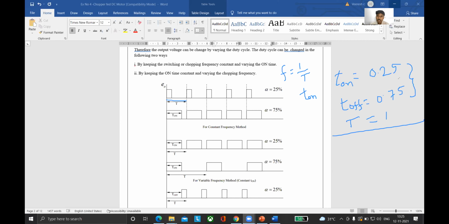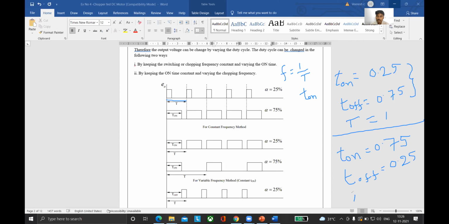Okay, so now I'm going to vary the on time. T1 is equal to 0.75, and T off is equal to 0.25.